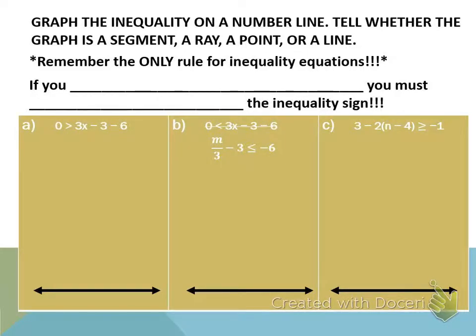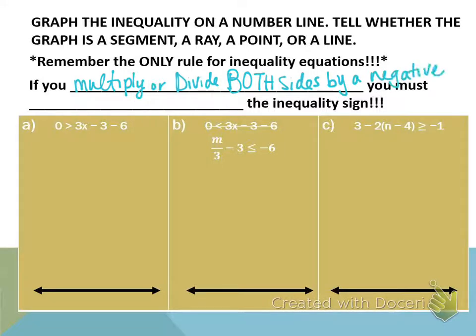Does anybody know the rule that's written in bold here? There's only one rule with inequalities that make it different than an equation. Does anybody remember? What is it? It's like if you multiply or divide by negative, you can switch the sign. Correct. So if you multiply or divide, the only thing I'll add is say both sides by a negative, then you will flip the sign.